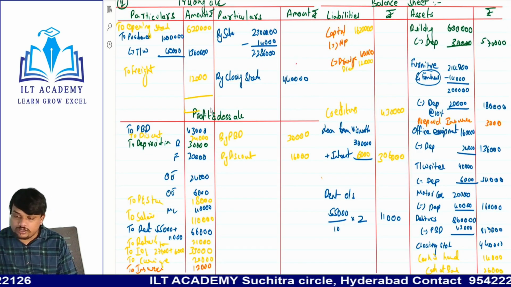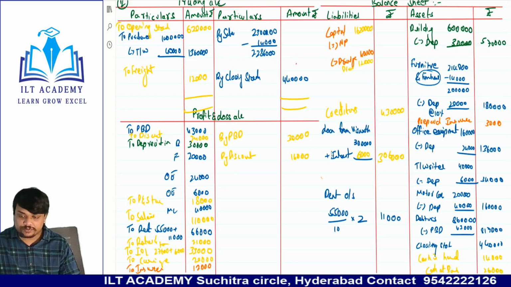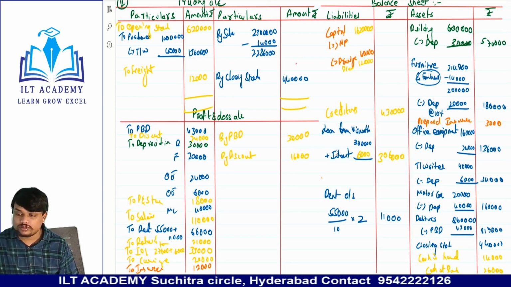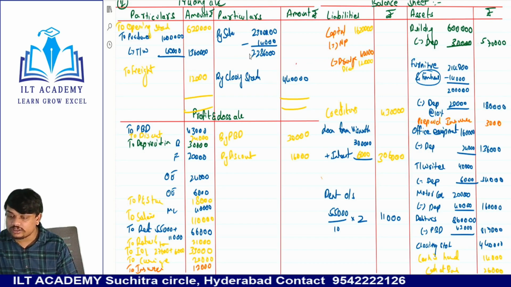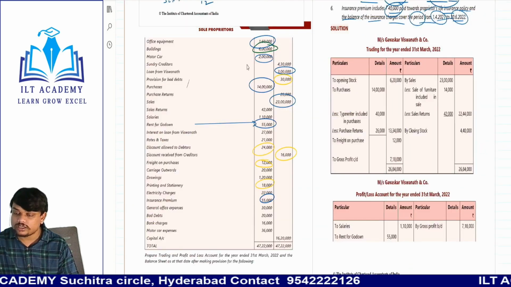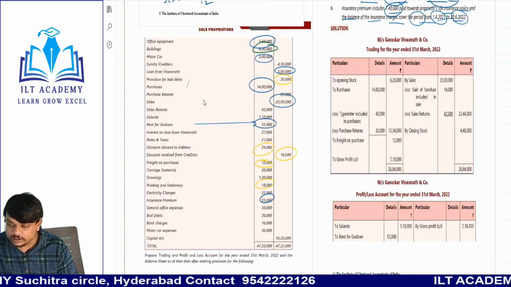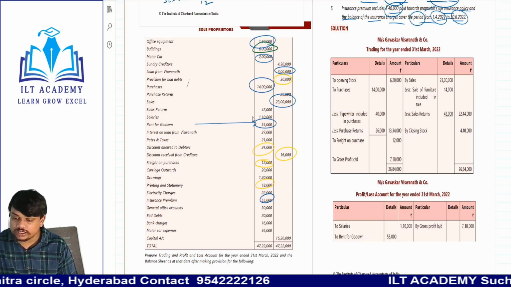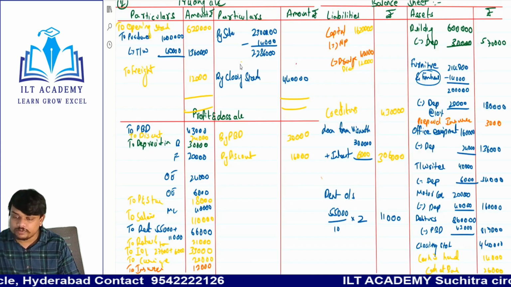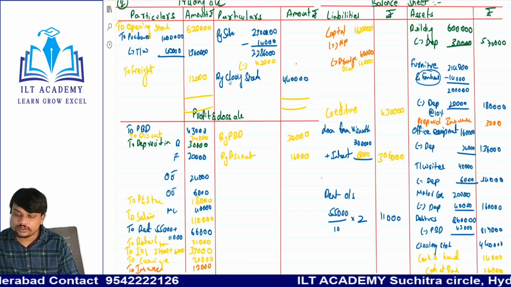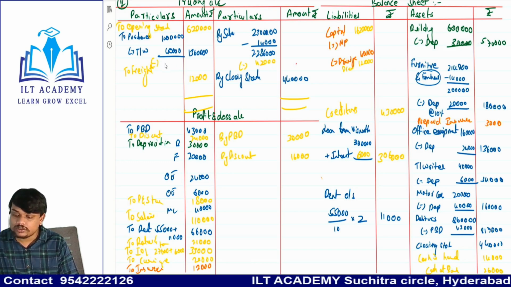16,20,000. What is GP ma'am? Not written here, I wrote 14,000. Yes, okay. Purchase returns and sales returns are how much? 26,000 and 42,000, minus 42,000 minus 26,000.